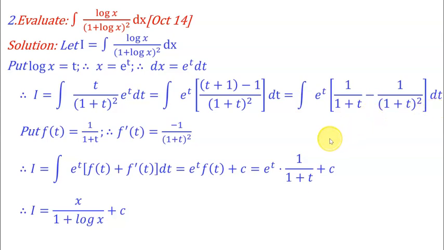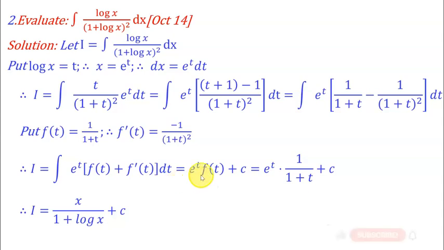Now this is of the form e raised to t into f of t plus f dash of t. Here f of t is 1 upon 1 plus t and its derivative is minus 1 upon 1 plus t, bracket square. Therefore put f of t is 1 upon 1 plus t and its derivative f dash of t is equal to minus 1 upon 1 plus t, bracket square. Therefore I is equal to integral e raised to t in bracket f of t plus f dash of t, bracket complete, into dt.